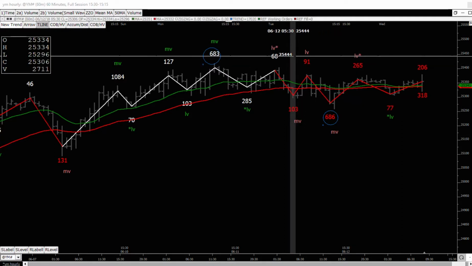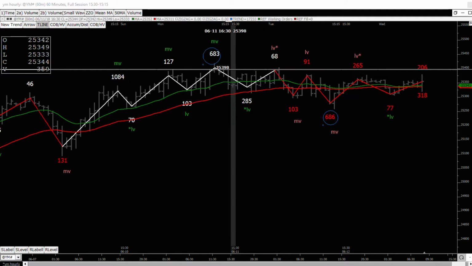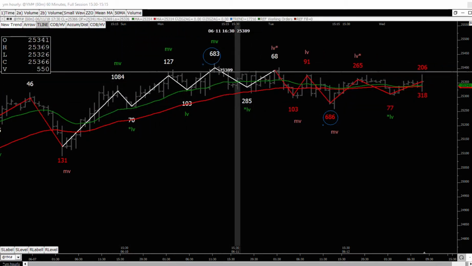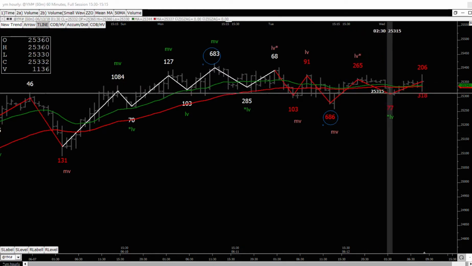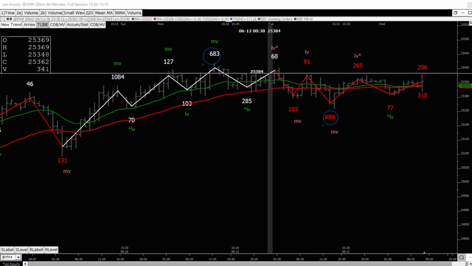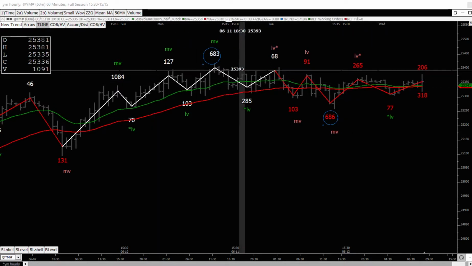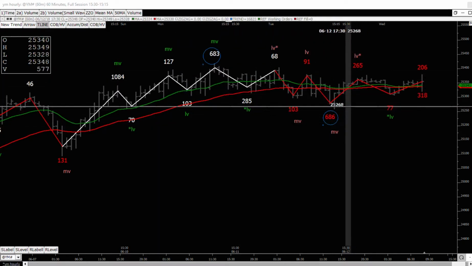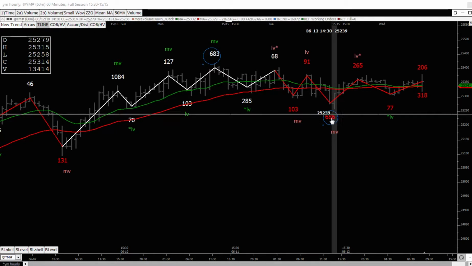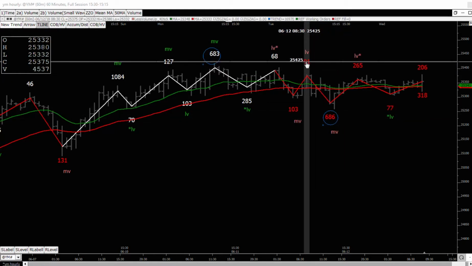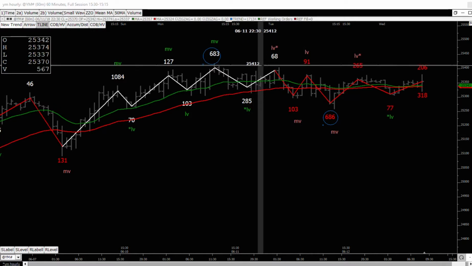So right there, you can clearly see a turn from the bullish white waves to the red waves. You can clearly see how price is changing from bullish to bearish, and how the volume of the selling is going up and the volume for buying is diminished.